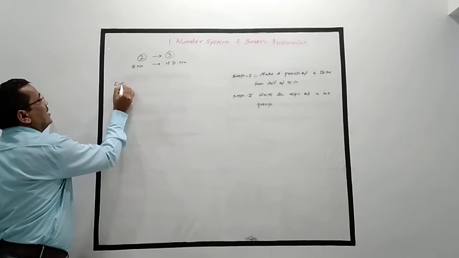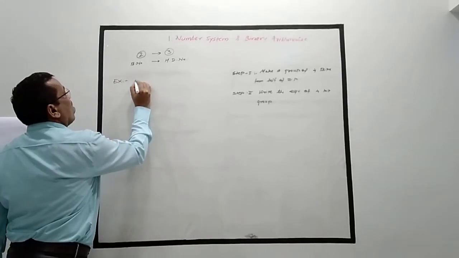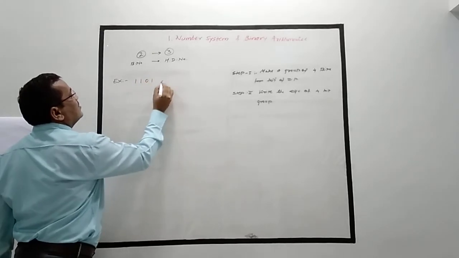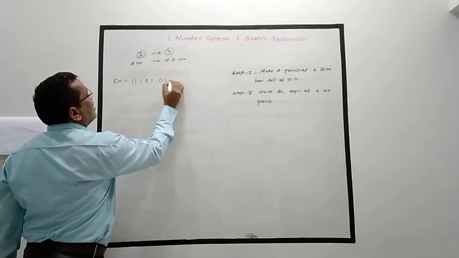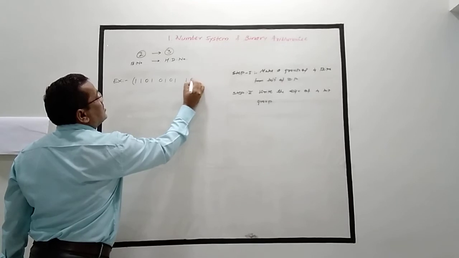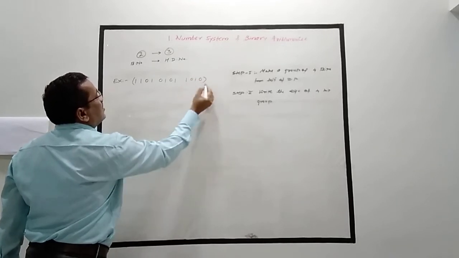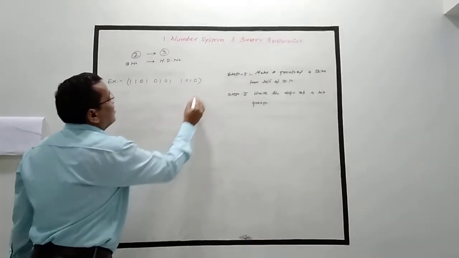For example, we take 1101 0101 1010. This is a chain of 1s and 0s.